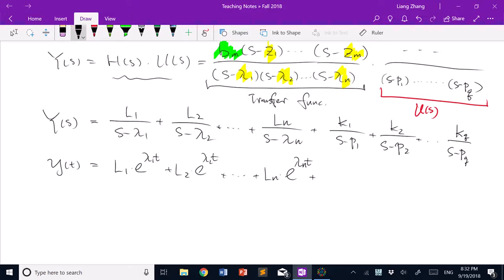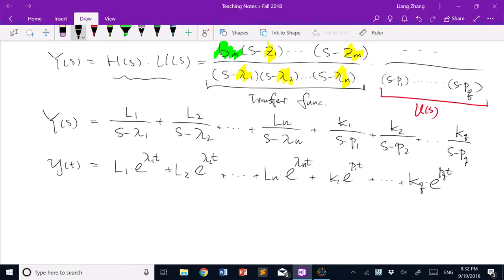And then for the other terms, we'll have k1 e to the p1 t and so on to the last term. So basically, for a linear time invariant system, the response will be a combination of exponential signals.